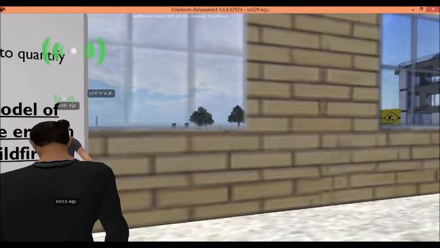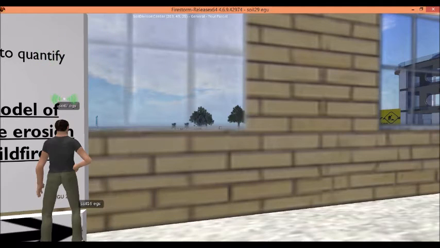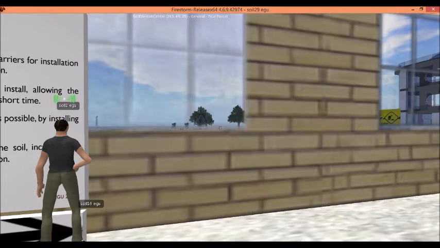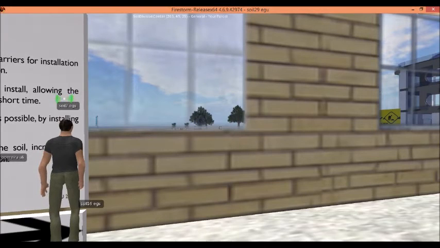From the beginning, our overall goal was to design a new model of barrier to improve erosion control after wildfire. And in this slide, you can see some of the most important specific goals.